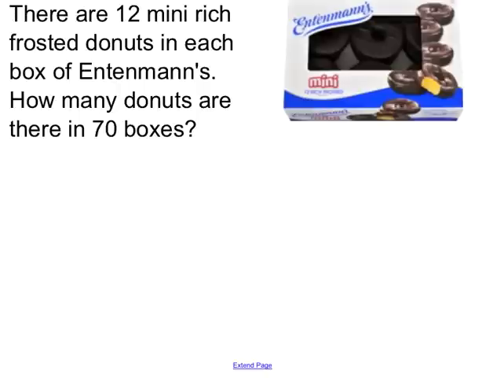There are 12 mini rich frosted donuts in each box of Entenmann's. How many donuts are there in 70 boxes? Copy the problem and solve it in your math notebook. Pause the video so that you can copy and solve. And then, when you're done, unpause the video to see what's next.